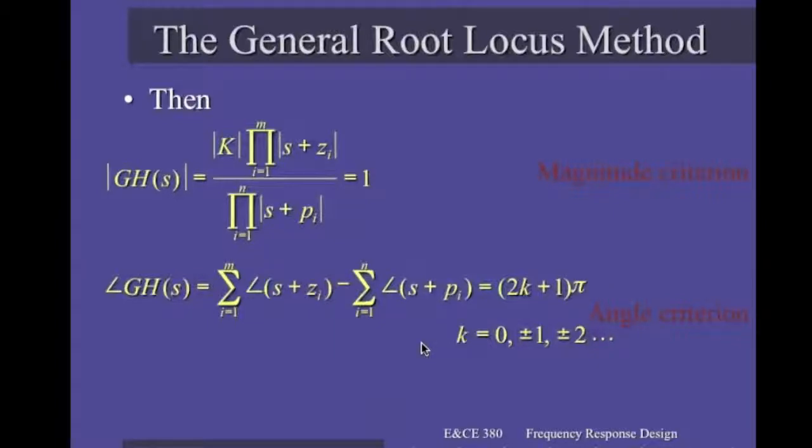Similarly, the angular criterion takes advantage of the properties of angles of complex numbers. So the angle of the complex number GH of s is the sum of the angles of all complex numbers appearing as binomials at the numerator, minus the sum of the angles of the complex numbers appearing as binomials at the denominator.